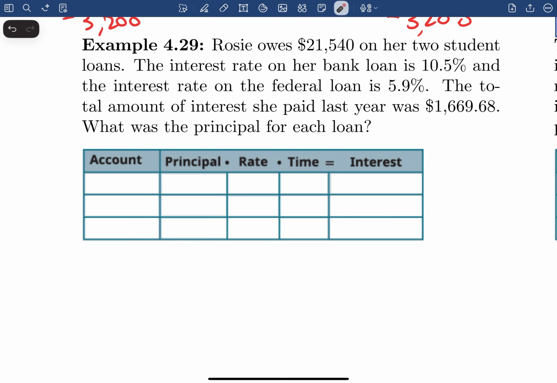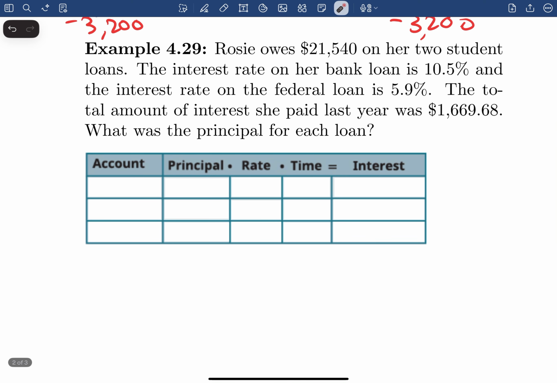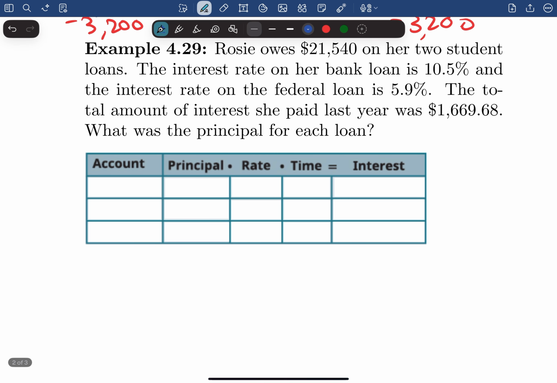Great. Let's just go ahead and break this down. Seems to me like we've got a federal loan and a bank loan. So the bank loaned her some money, and then the government loaned her some money, and this is the breakdown of it. So I'll just say bank and federal. How's that sound?